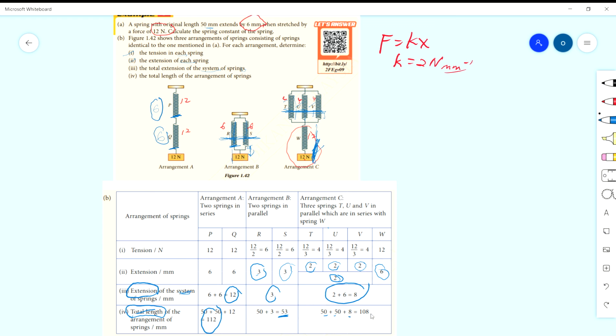The answer here is wrong. Sorry, it is correct: 2 plus 6. So 50 plus 8.